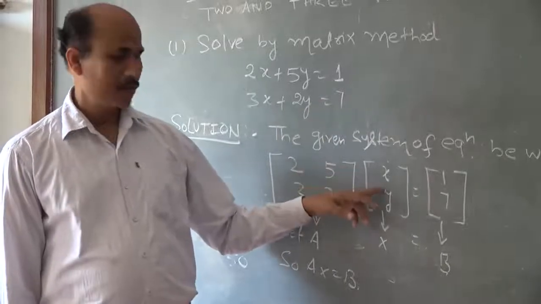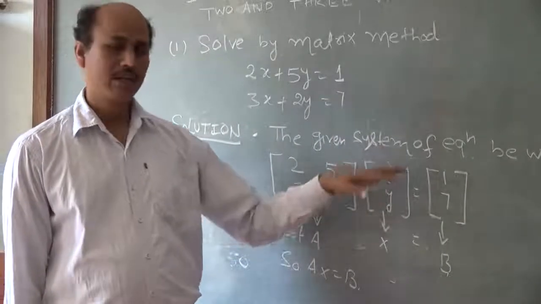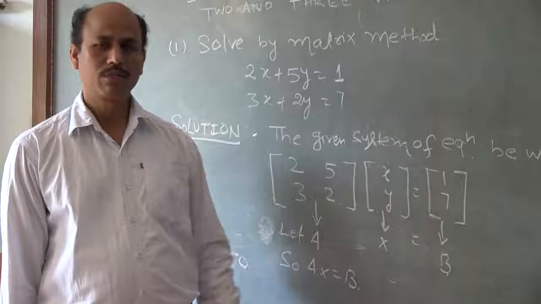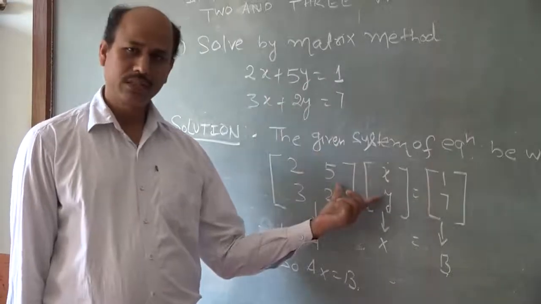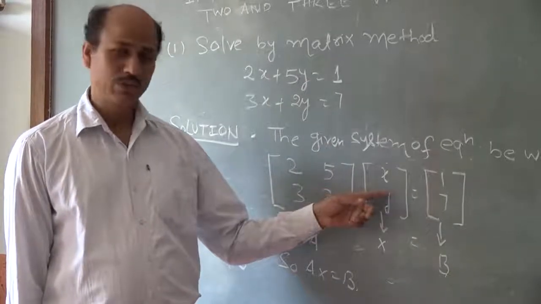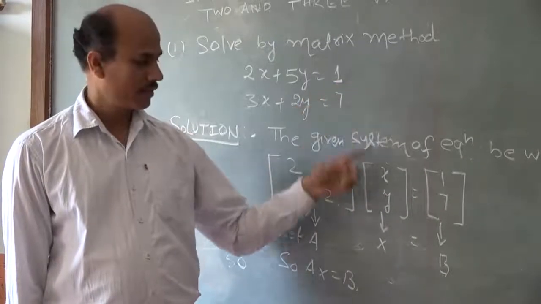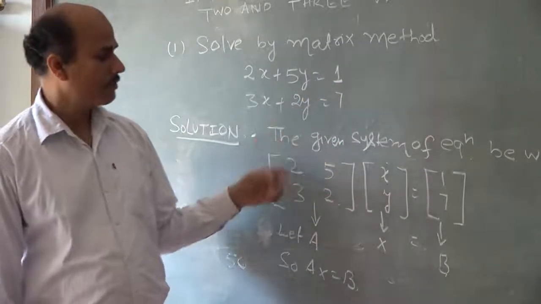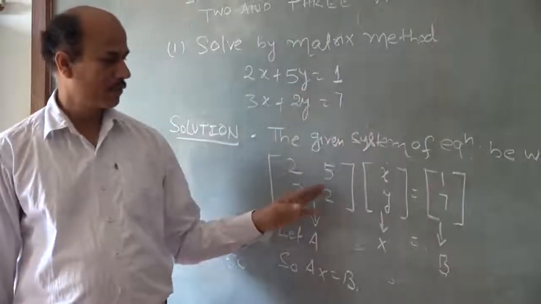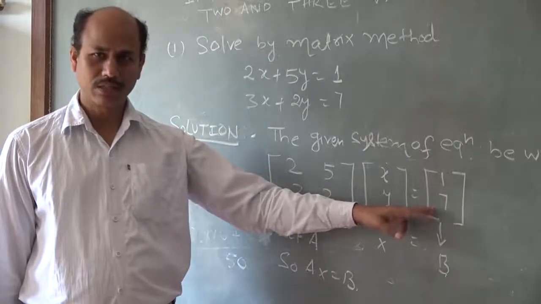If you go for the concept of matrix multiplication and equality, you will find you get the same equations. So the first step is to write the given system of equations in matrix form, as I have written.